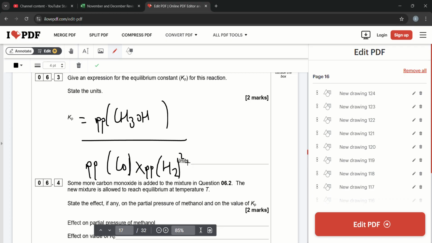Curly brackets, not square brackets, that's Kc.